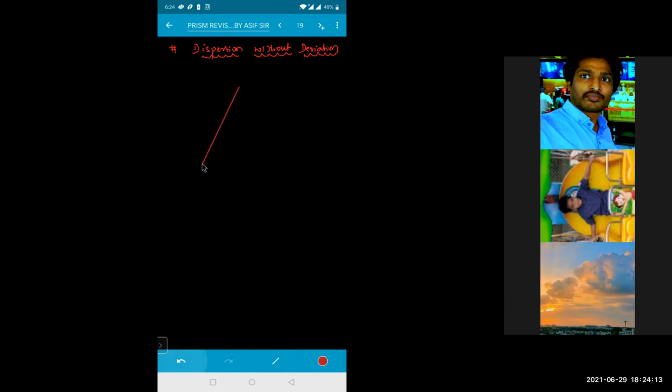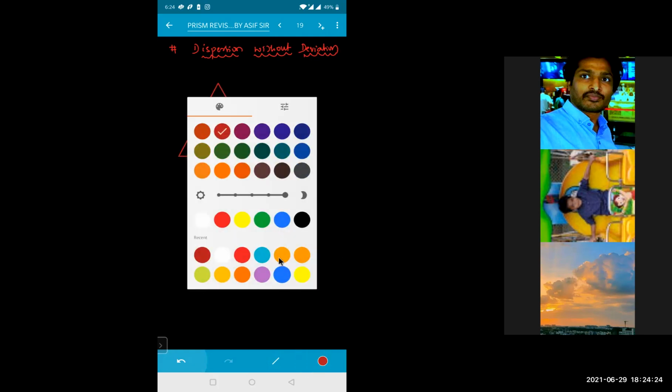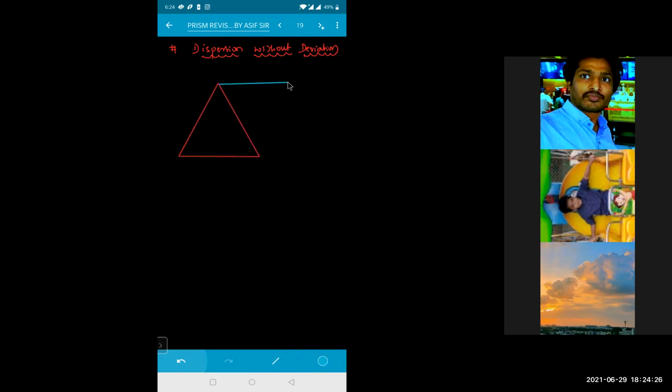this is your prism. And white light is being incident on this one like this, straight. It will undergo the deviation like this.